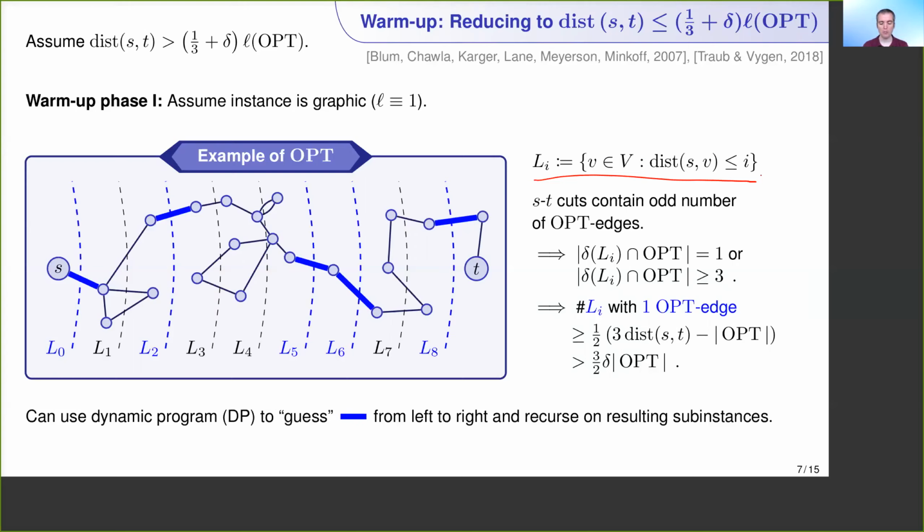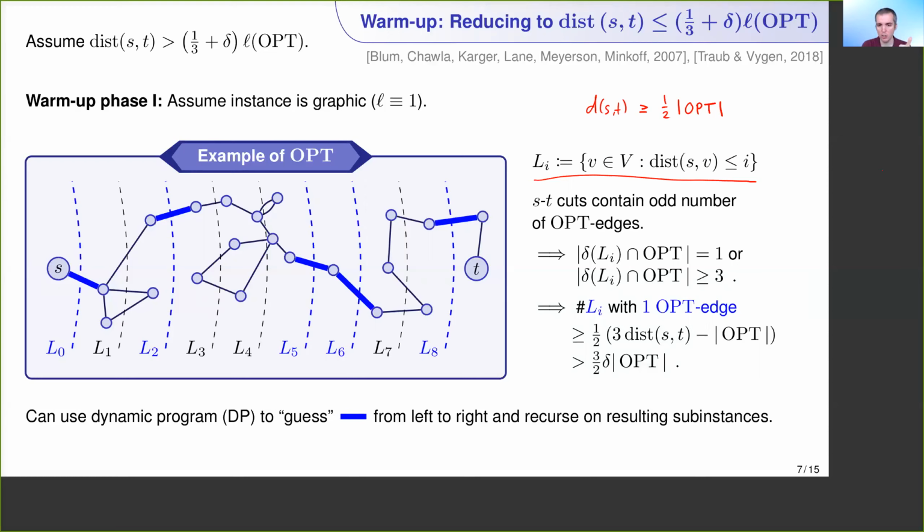For this, let me first just highlight that it turns out there will be many such cuts if the distance from S to T is very large. Let's do a little thought experiment. Assume that the distance from S to T is at least half of the length of opt. In the graph case, the length of opt is simply the number of edges in opt. What's important to observe is that for any S-T cut, a path TSP solution always has an odd number of edges in the cut.